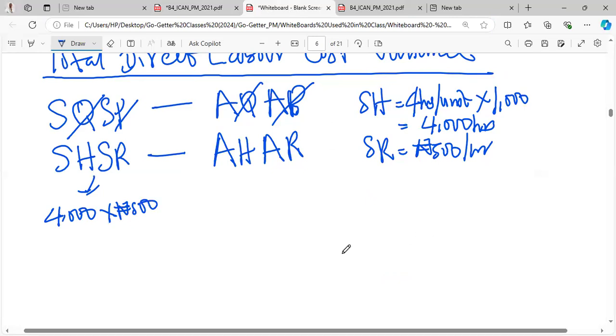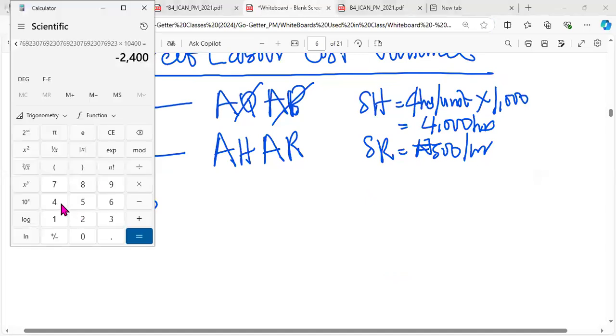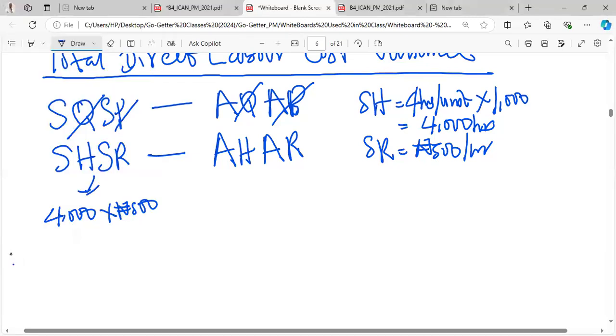So what would that be? 4,000 multiplied by 500 will give me 2 million. So this is obviously giving me 2 million.